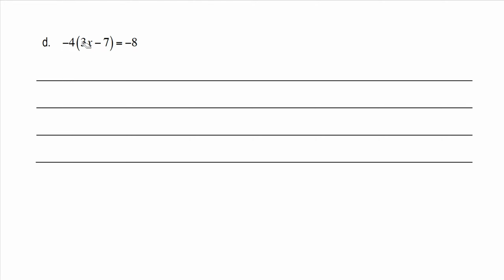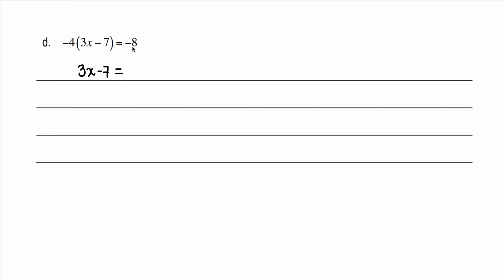Is this negative 4 affecting both terms here? Yes, it is. Is negative 4 a factor of negative 8? Yes, it is. So if I do that, I know that I'm going to start working with smaller numbers. So that's why my first step here is going to be to divide both sides by negative 4. What do I have left on the left-hand side? 3x, take away 7.